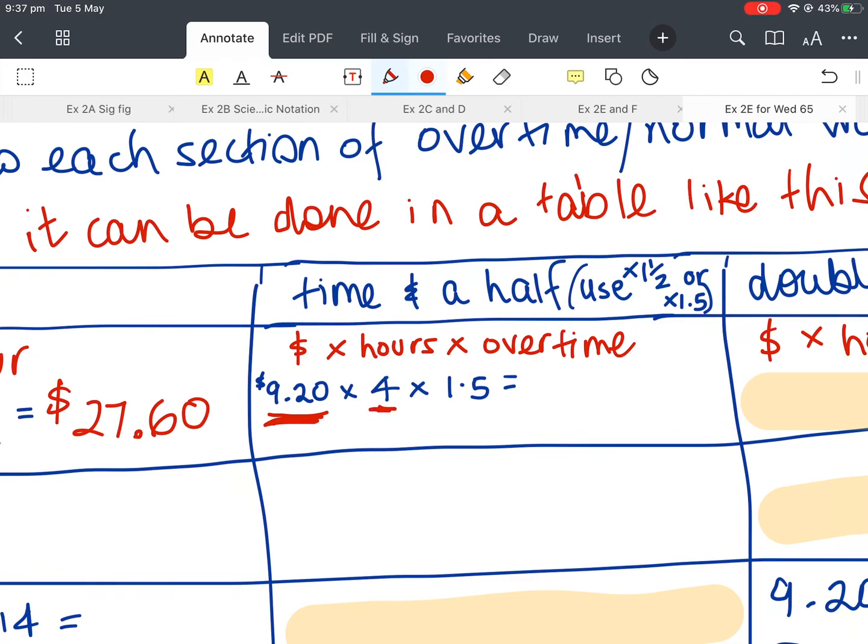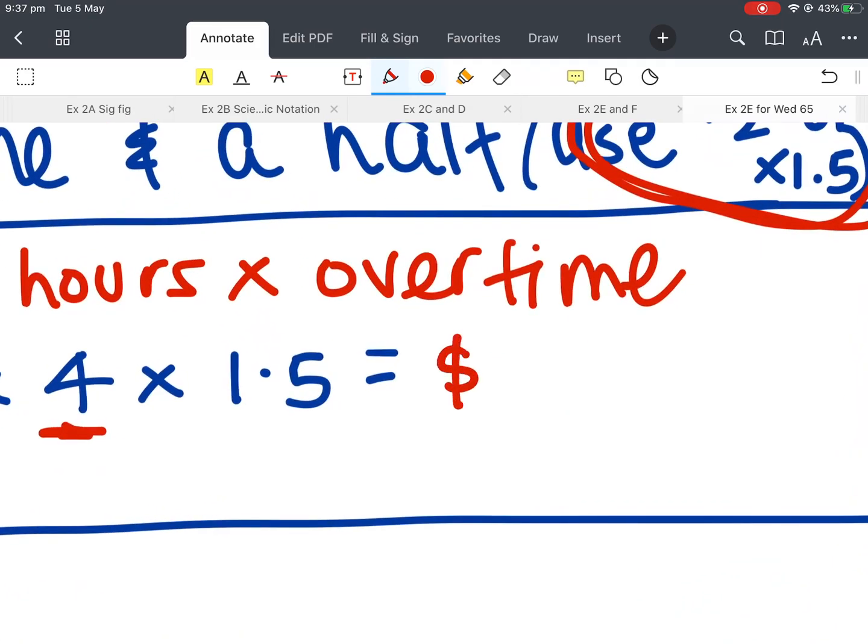For the number of hours, I've got the 4 hours, and the overtime is time and a half. So when we do overtime, we use 1.5. If you've learned it a little bit differently, then I'm fine, as long as you get the same answer as me. So do that on your calculator. 9.20 times 4 times 1.5 gives me, what did you get?